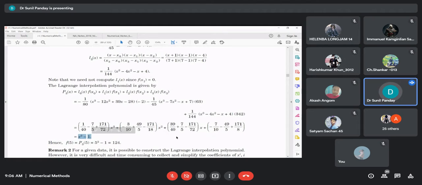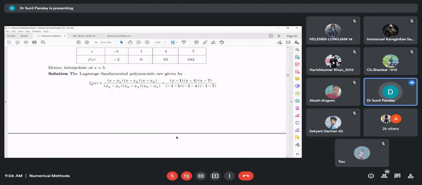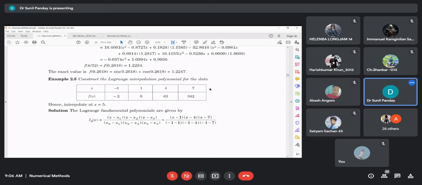But if I suddenly have one more data, like a fifth data point, some 9 and some given value, it means I have to recalculate L0x again, because here one more factor comes in the numerator, x minus x4, and in the denominator, x0 minus x4. So this is the drawback of the Lagrange interpolation method.